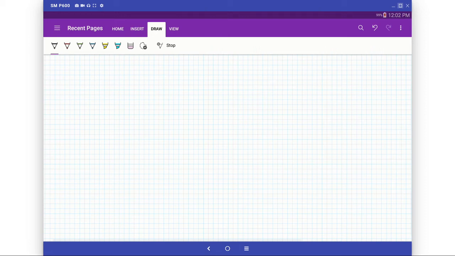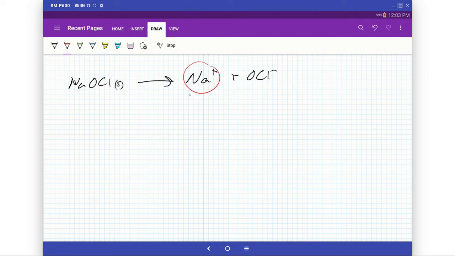So the first one is NaOCl. This is a salt, and a sodium salt dissociates completely to ions. Then we can start looking at these ions and, knowing the strong acids and bases, you realize that sodium is the conjugate to a strong base, and so there's no further reaction with that.